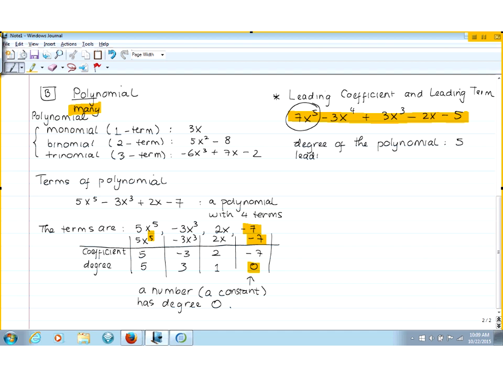Which one is the leading term? No, leading term. The leading term is the first one, which is what? 7x to the 5th. Yes, so this is the leading term, the first term in the polynomial, the term with the largest, highest variable exponent.